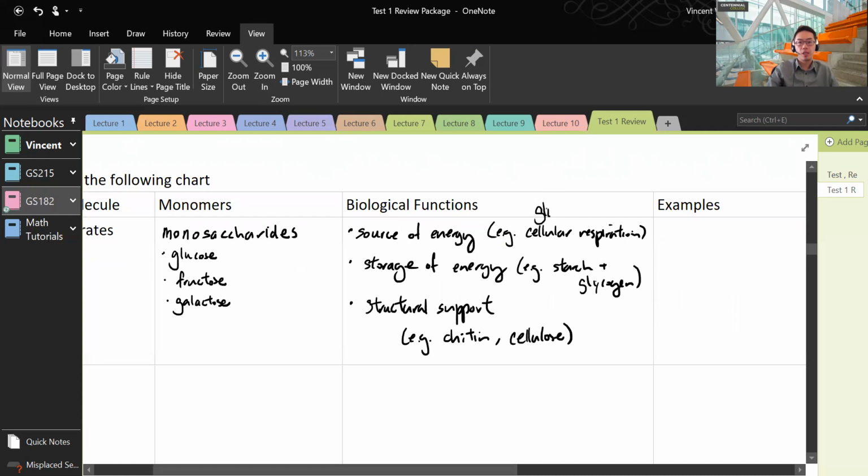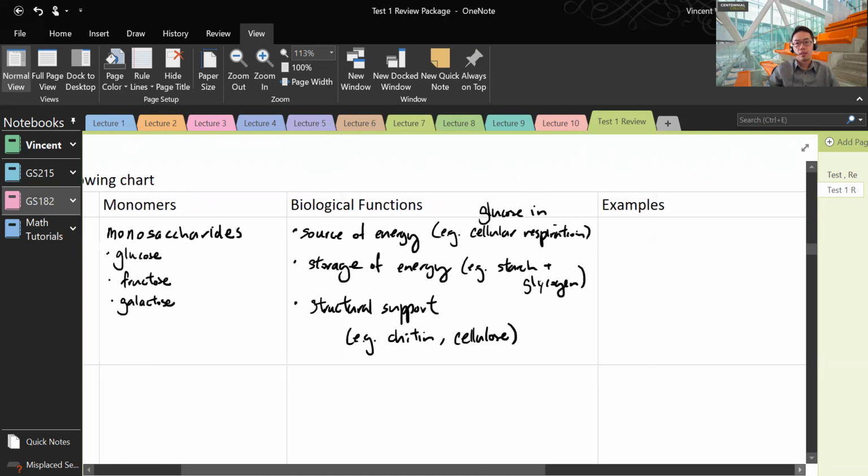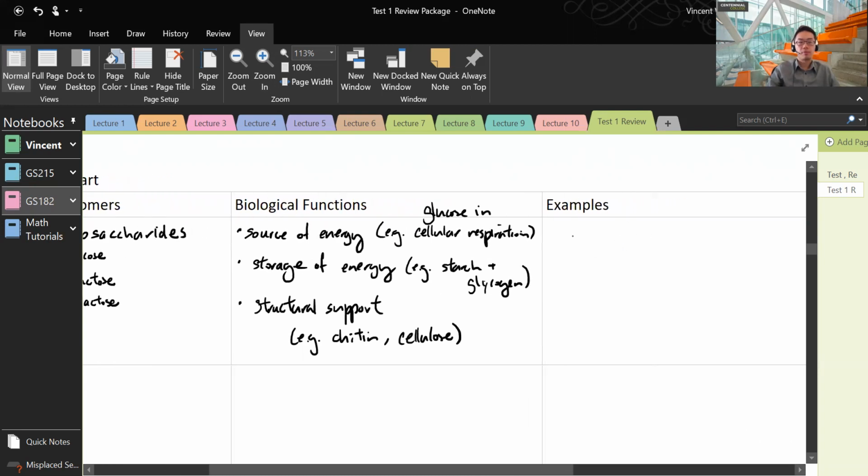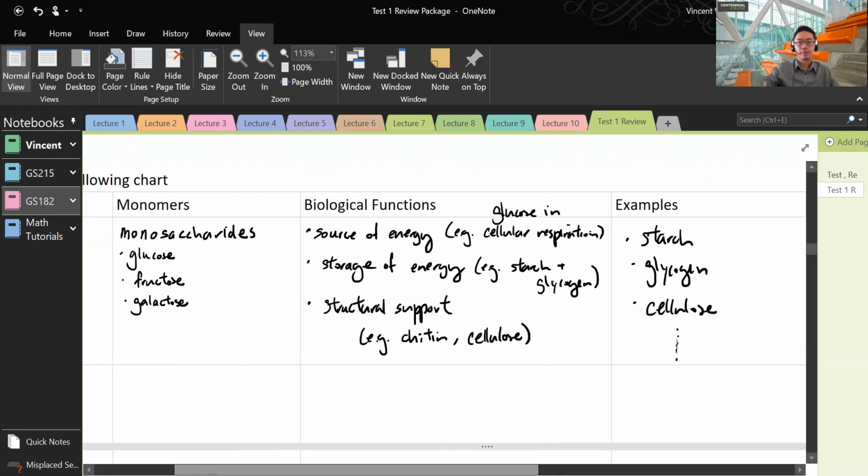I guess here we can say glucose, right? Glucose in cellular respiration. Examples. Well, we just listed a bunch, right? So whatever, we just copy a few. Starch, glycogen, okay, cellulose, dot, dot, dot.